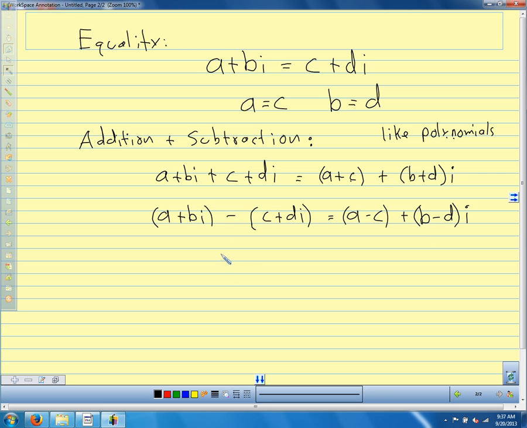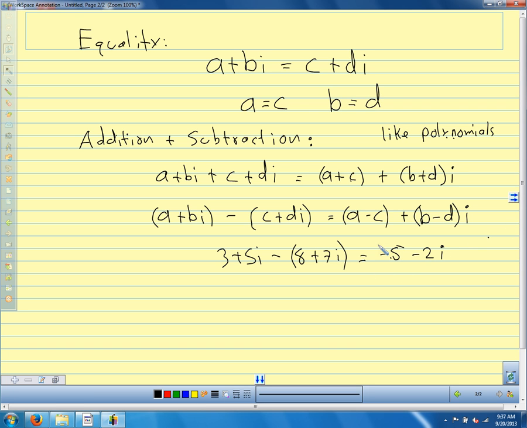So if I do a quick example, if I have 3 + 5i minus 8 + 7i, I need to remember I'm subtracting that entire quantity. So we have 3 minus 8, we get a negative 5, and 5 minus 7, negative 2i.